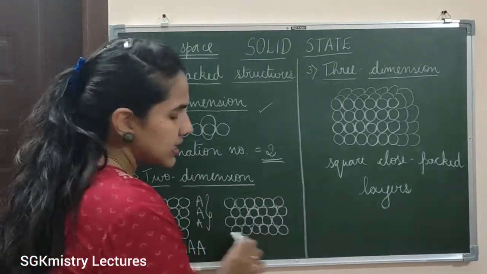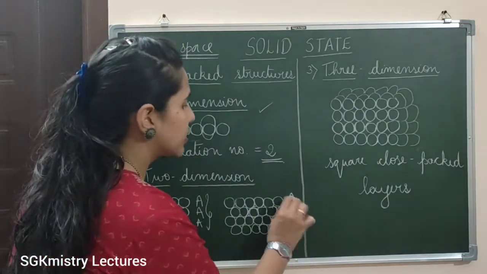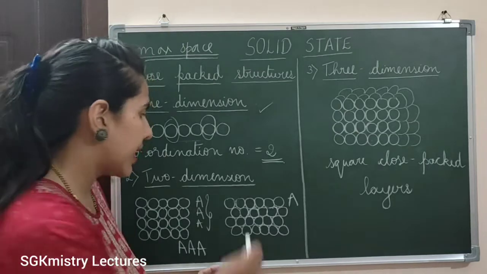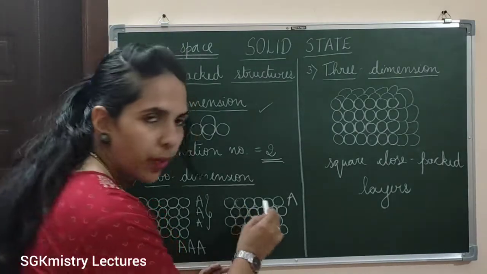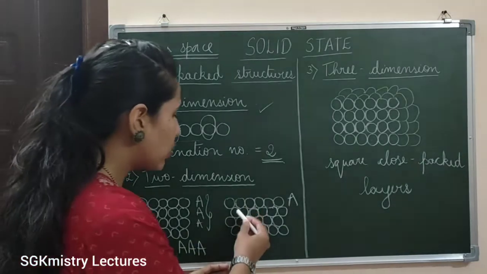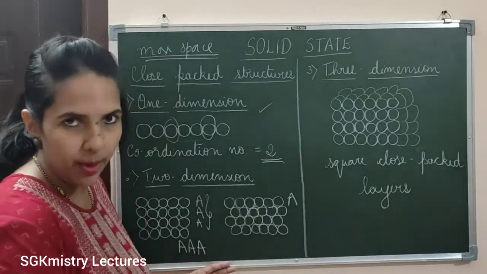Here, the next type of arrangement: the first layer, let us consider the arrangement as A. The second layer is arranged in such a way that between 2 constituent particles of the first layer, one particle of the second layer is placed between them.